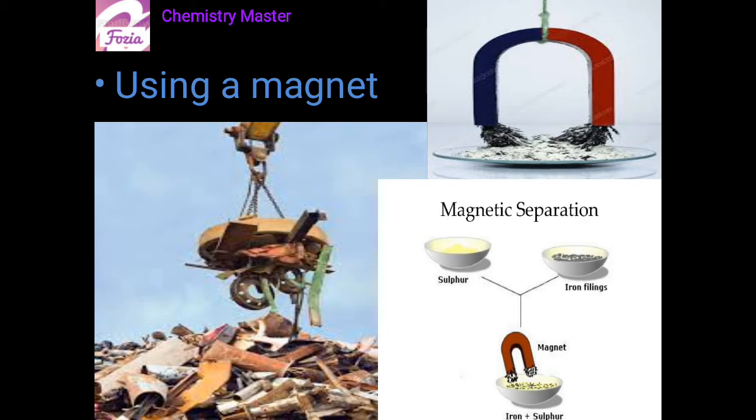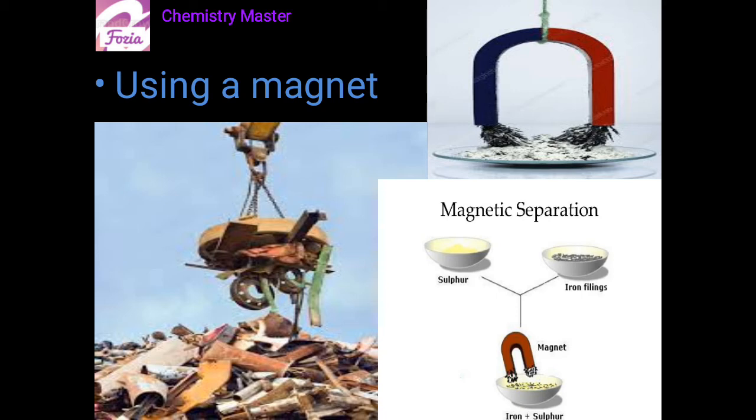Now we will also learn how we can separate magnetic materials. There are some metals such as iron, nickel and cobalt which are called magnetic materials because they are attracted by magnets, and we can make use of this magnetic property to separate them from any mixture, using a magnet to attract them.